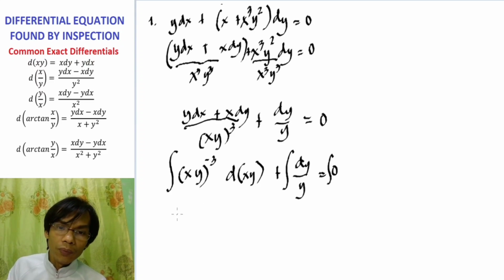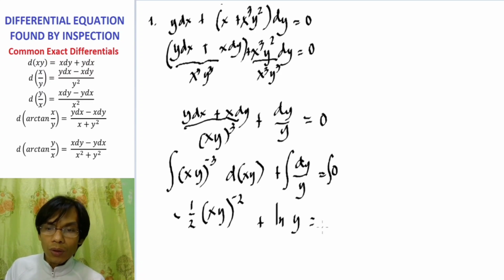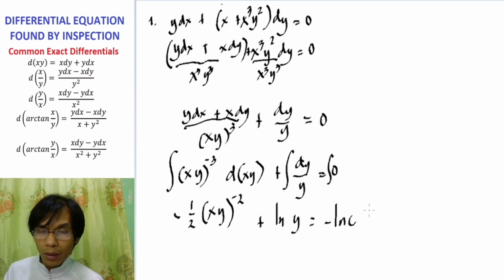so how is it? So we have 1 over 2, and then xy, of course, to the negative 2, plus ln of y is equal to, we can put this one also as ln of c, wherein c is still a constant.